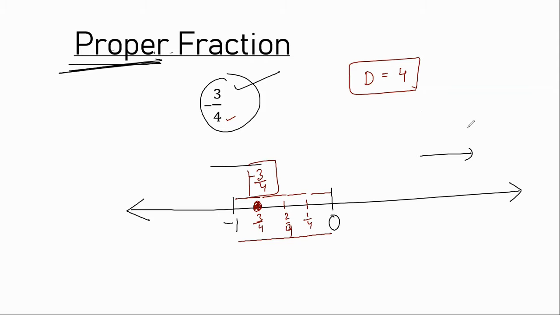But if the fraction is negative, the number will lie between 0 and -1. If it is positive, then 0 and 1. If it is negative, then 0 and -1. So this is -3/4.